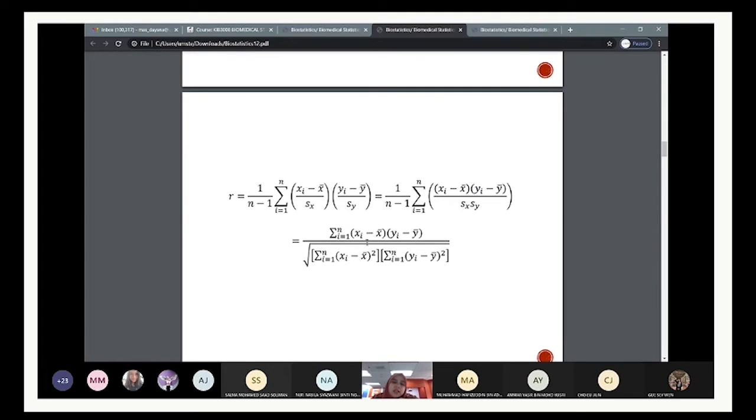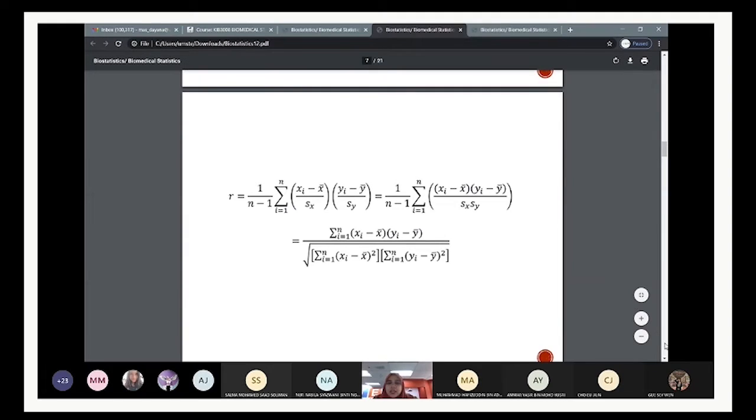Each data x minus the mean of x, and each data y minus the mean of y, divided by the square root of the value itself. So we can find the R value.